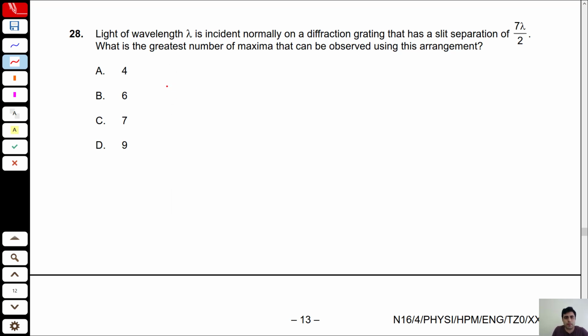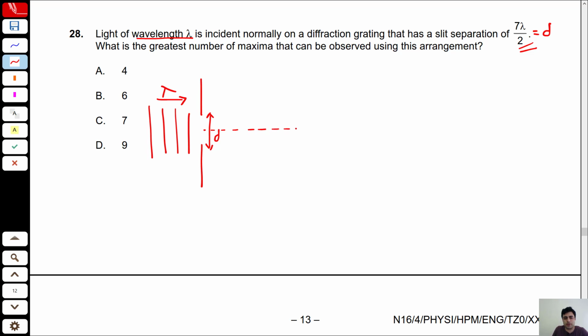This is the slit width, and these are the wavefronts approaching the slits with wavelength of lambda, and this is d, and here is our D. So imagine this is the imaginary line, and this is the screen. This is the back side of the screen, and you know that this distance is capital D.